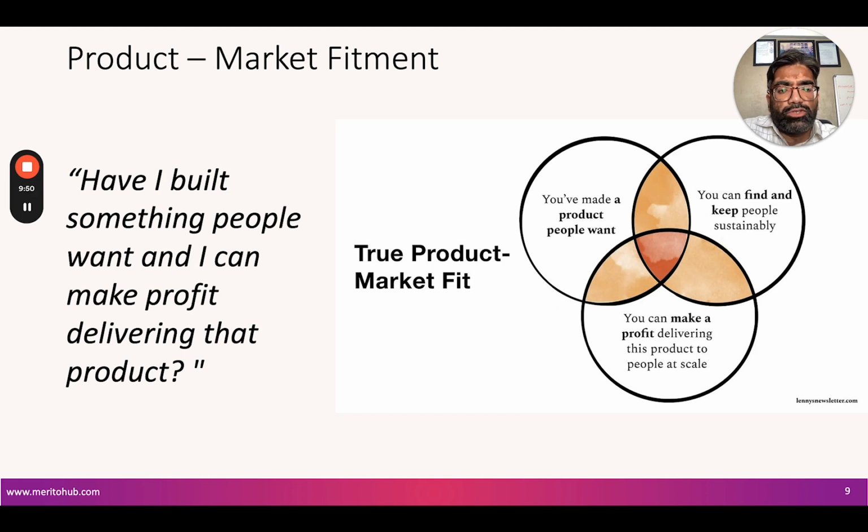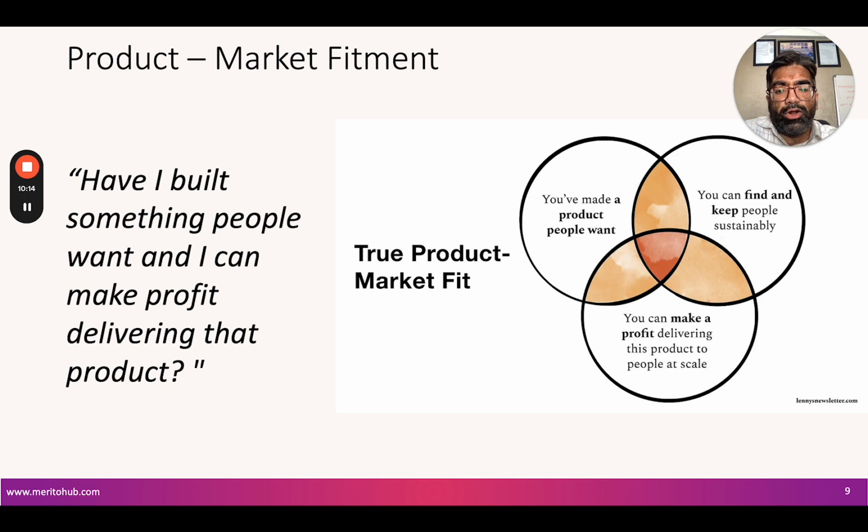The first and foremost thing, as we talked about, is that if we create anything which people don't want, people will not accept it or buy it. Then can you find and keep people sustainably? Are you able to find people who can buy this product and sustain that customer, and then make a profit delivering this product to people at scale?